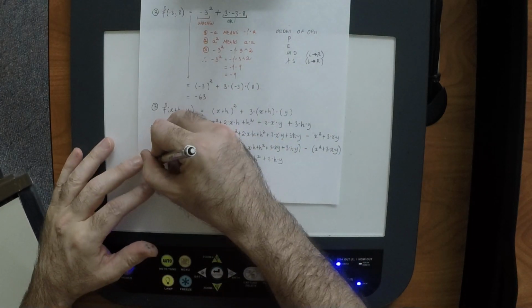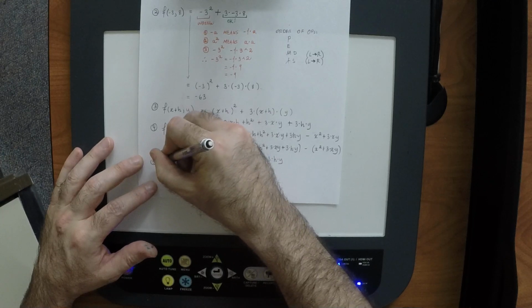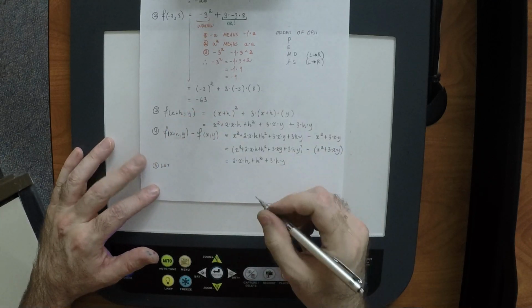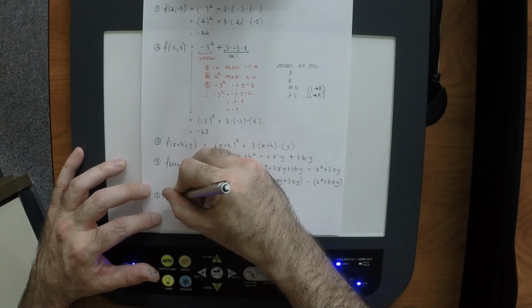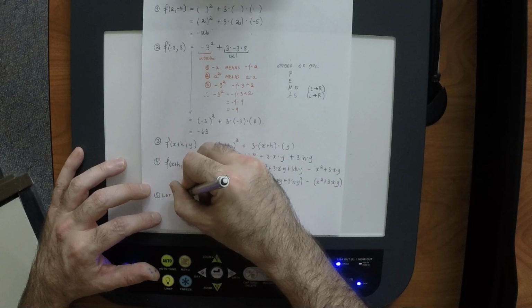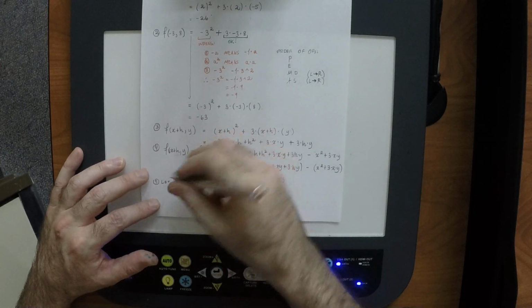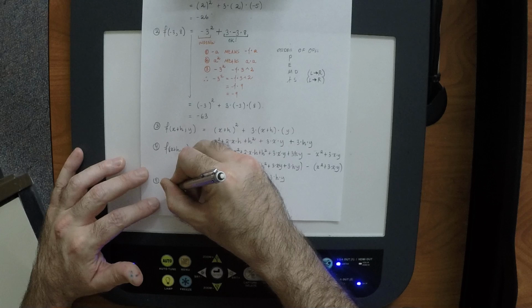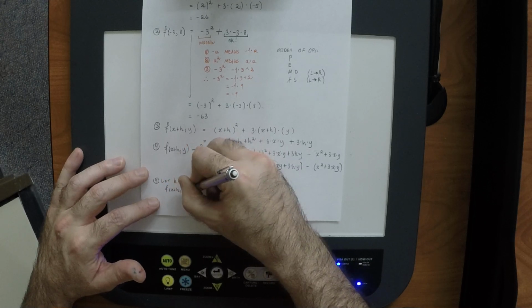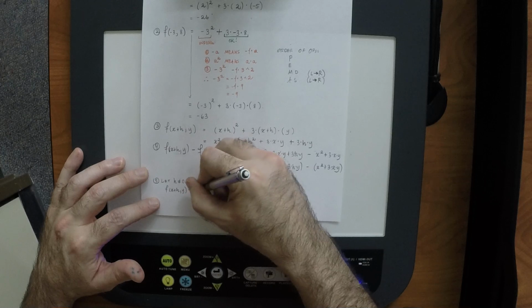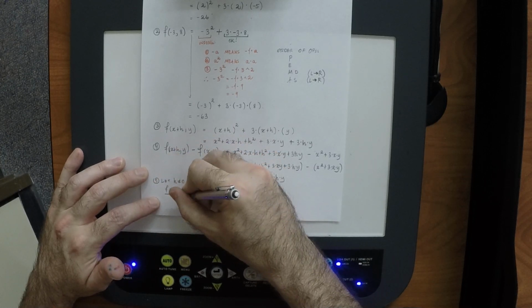So now, fifth, suppose that we haven't made any consideration about h so far, but now I'm going to say, suppose that h is some number that's not 0. Please evaluate the following: f of x plus h comma y, subtract f of x y, and divide all that by h.